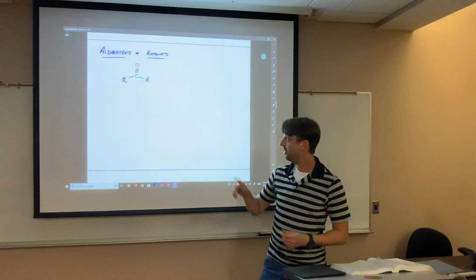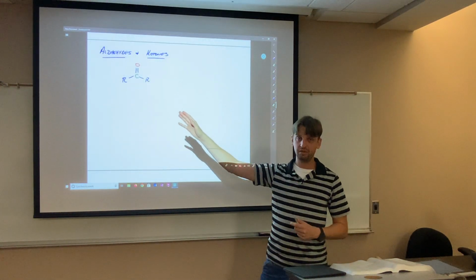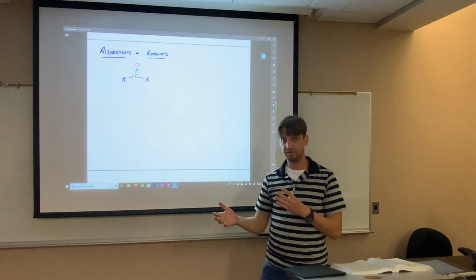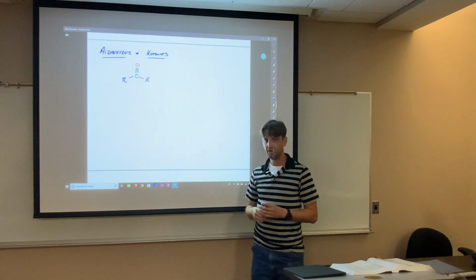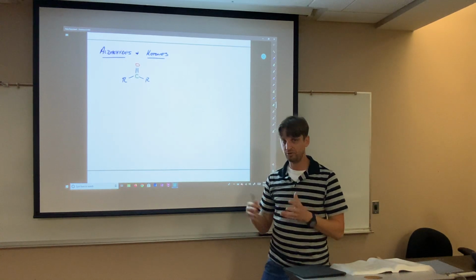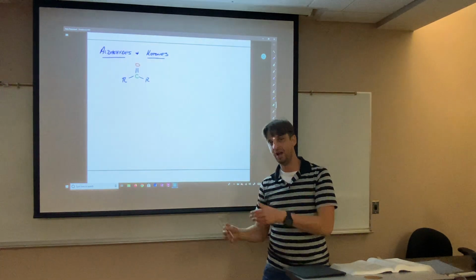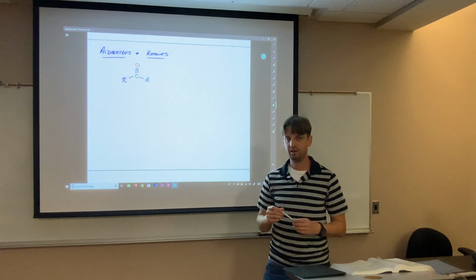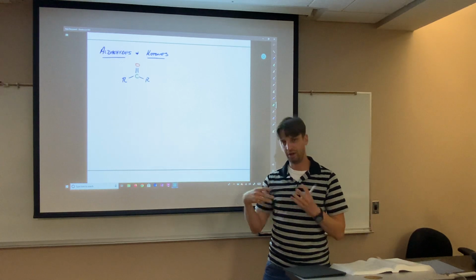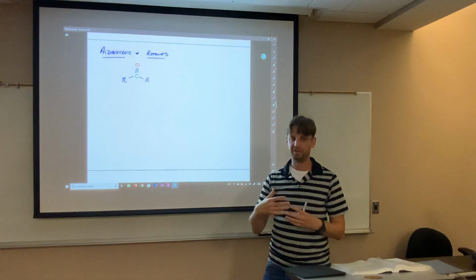We have a carbon doubly bonded to an oxygen. So we have a less electronegative atom bound to a more electronegative atom with pi bonds present.